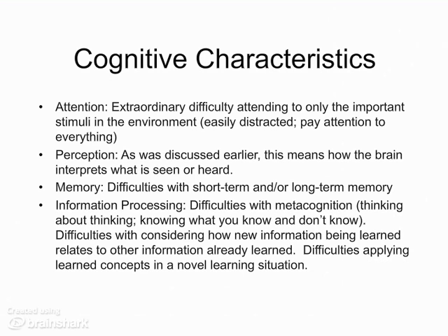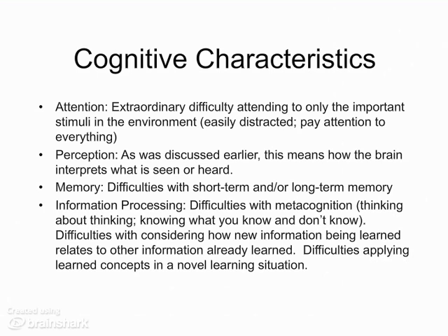There are a variety of different cognitive characteristics associated with learning disabilities. First, students with learning disabilities often have difficulties with attention. They might have extraordinary difficulty attending to only the important stimuli in the environment for long periods of time. They may get easily distracted and end up paying attention to everything in their environment instead of what is most important.